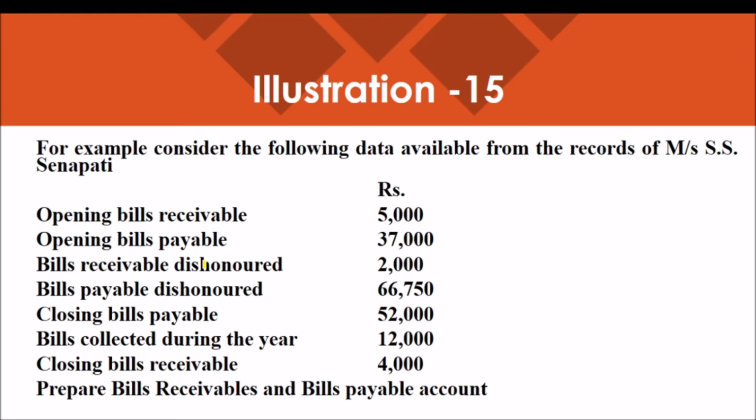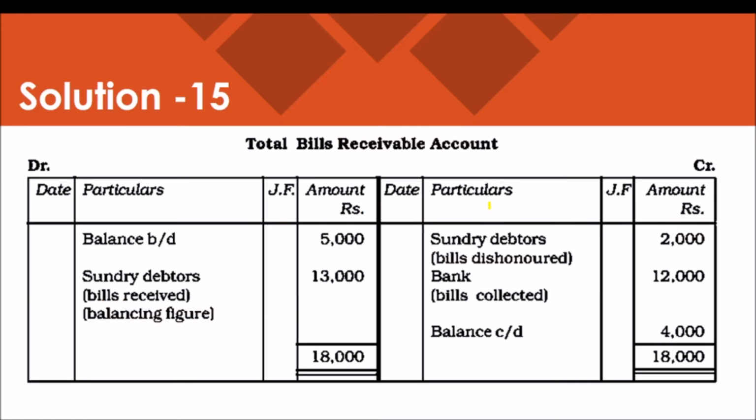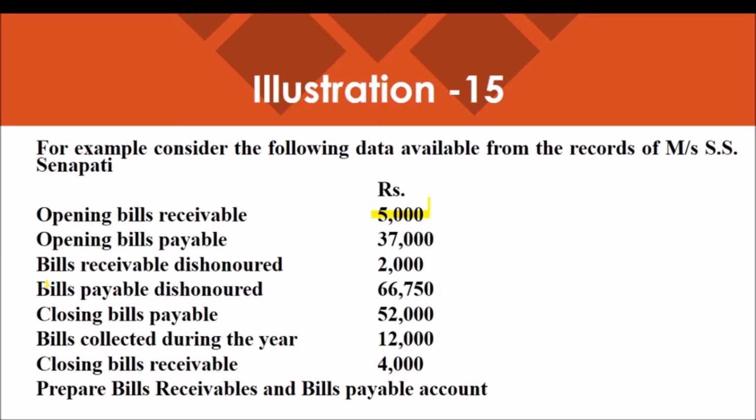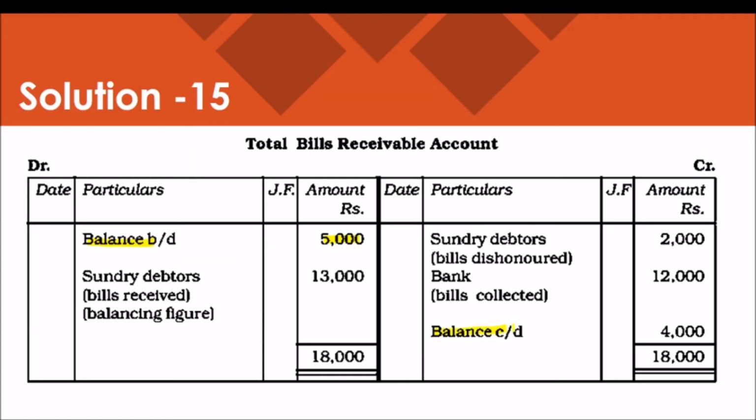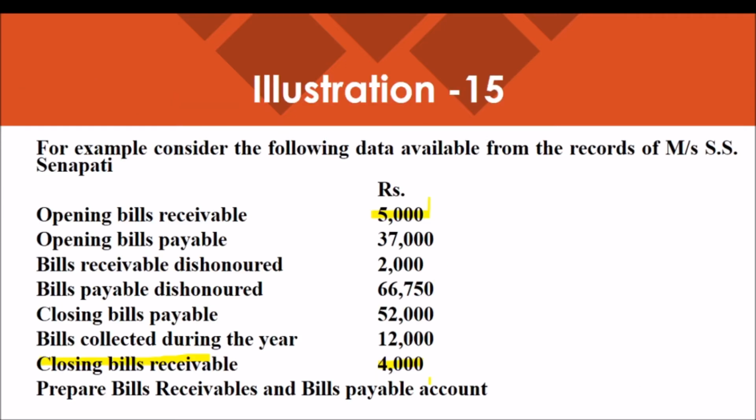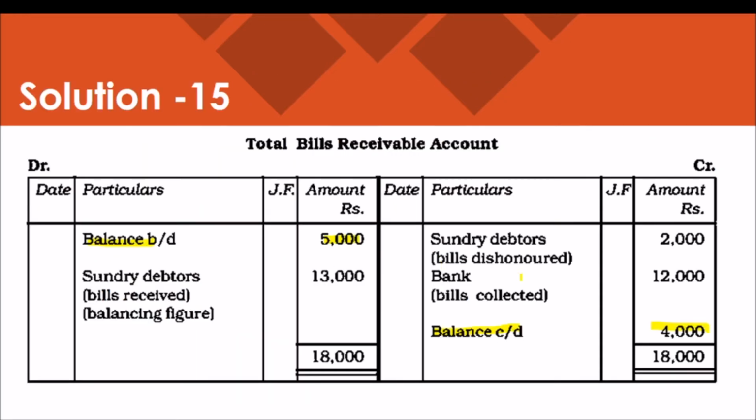Opening bills receivable will be recorded in the debit side of bills receivable account. Just look at that. Balance brought down 5,000 and closing bills receivable 4,000 will be recorded in the credit side, and the bills receivable dishonored 2,000 will be recorded in the credit side, sundry debtors.